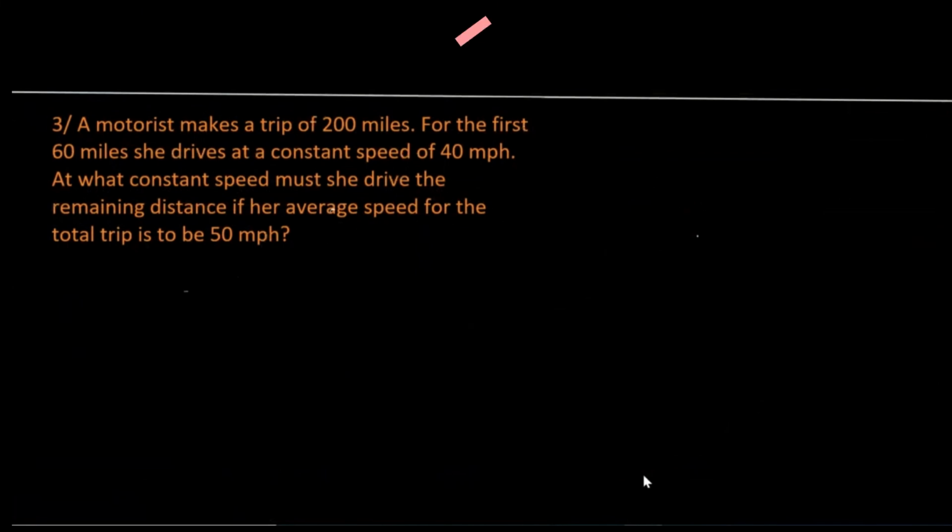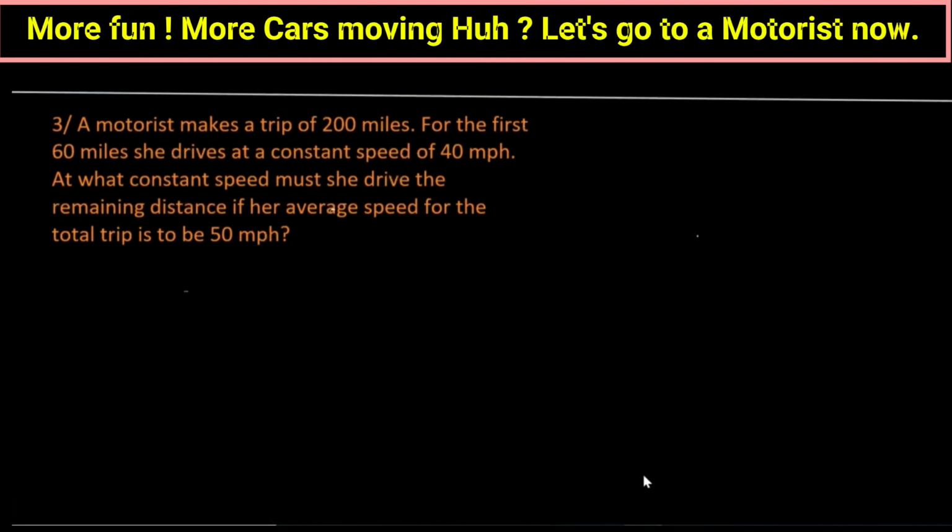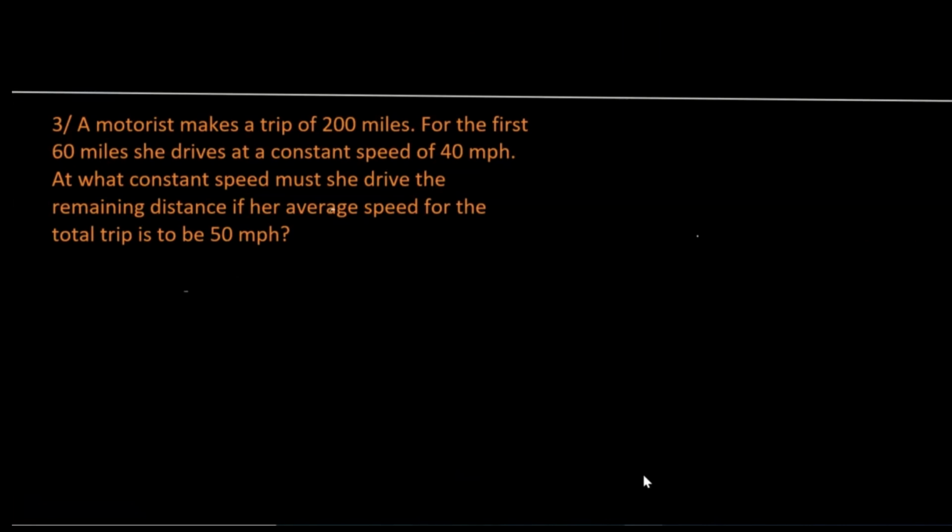Okay, let's continue to the third question. This question needs a little bit of critical thinking. So as always, we have to read the whole sentence and make sense out of it first, okay. So let's read it.